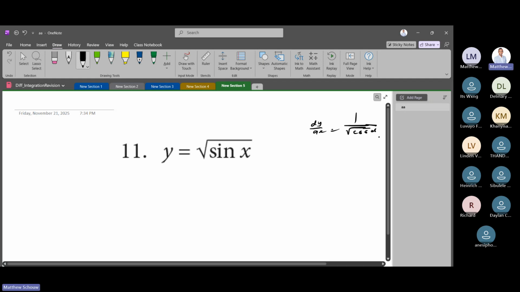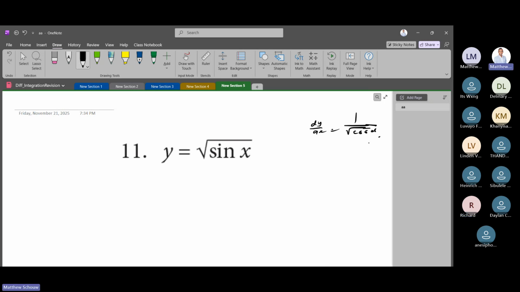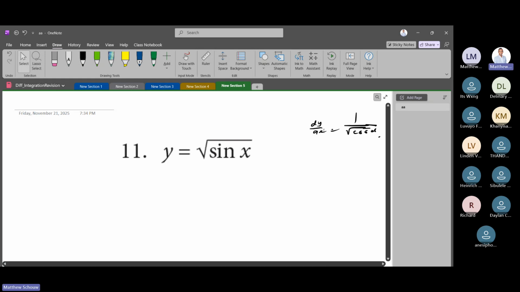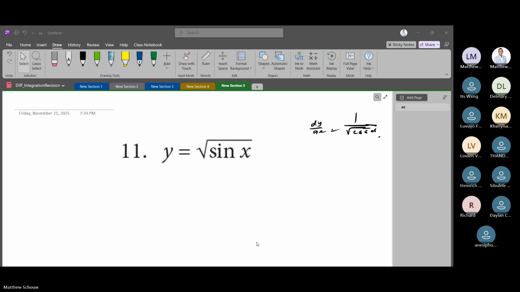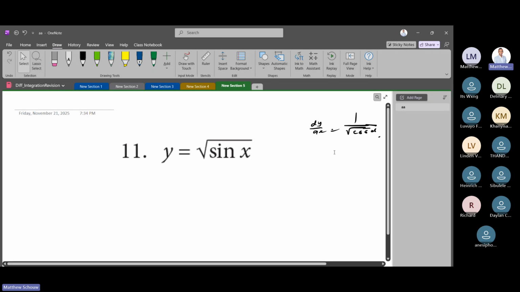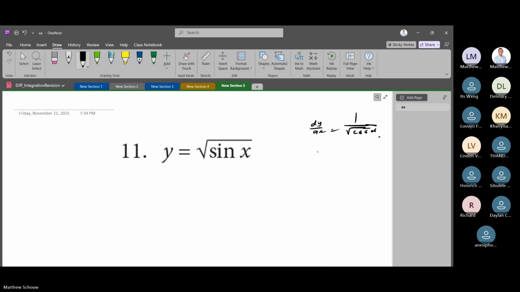It looks suspicious to me. Anyone else? We can put the answers there. That's not the answer that was given there. I just asked what your answers are. What is your answer? 1 over square root cos x. Same answer.